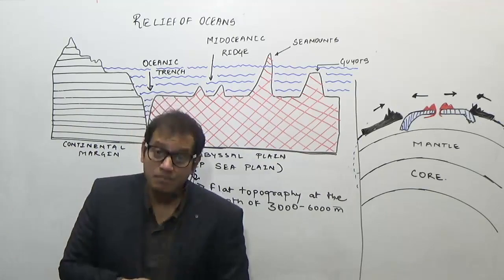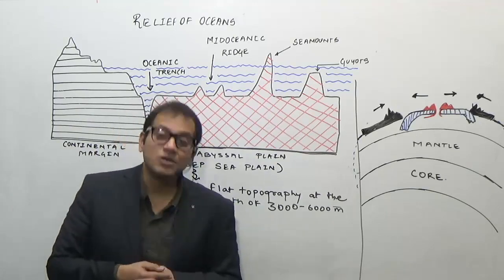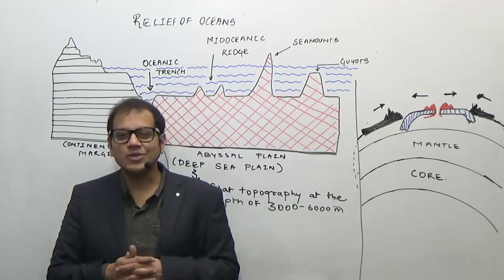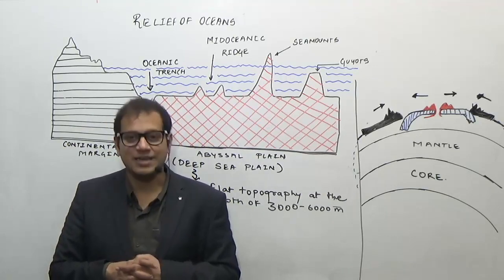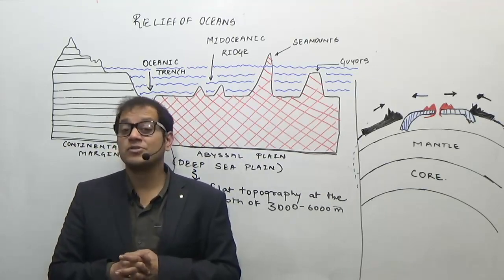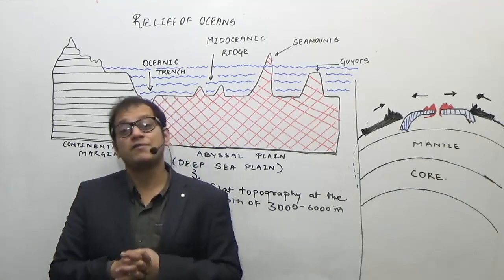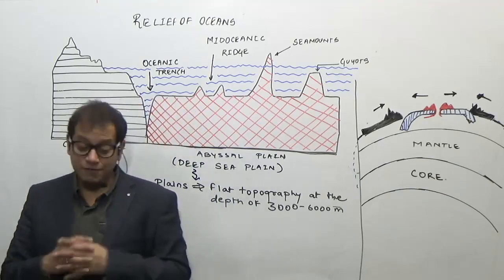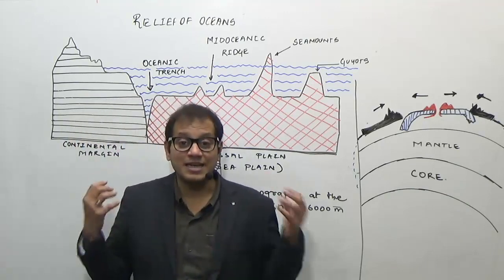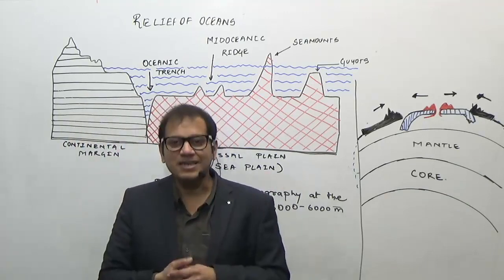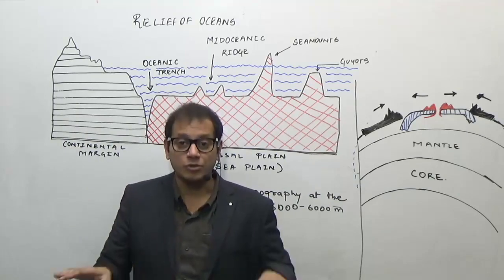But now with the development of science and technology, with the development of the study of oceanography, we know that the ocean surface is not exactly flat. There are also some interesting landscapes, some interesting relief features, if not as diverse or dense as on the land, but still it is not a flat and boring topography.